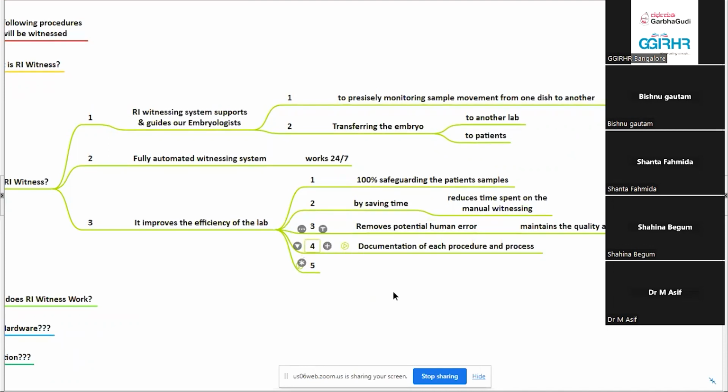Fourthly, documentation of each procedure and process can be done precisely. For example, when the embryologist has done the ICSI, when the embryologist has loaded the embryos, when the embryologist has frozen the embryos, everything can be documented pin to pin.